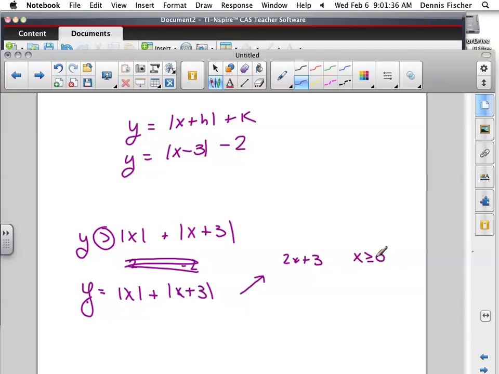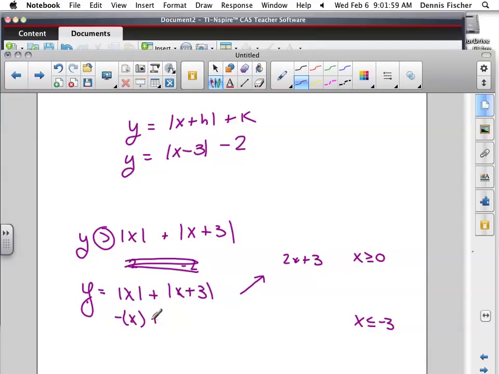Okay, second case, let's assume it's a negative number less than negative 3, okay? So let's say negative 4, negative 5, something like that, okay? So that's my second case. So x is less than or equal to negative 3. If this was negative and this is negative, right? Let's just think about this.